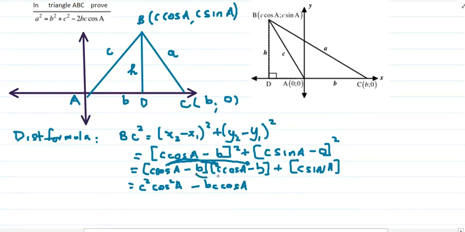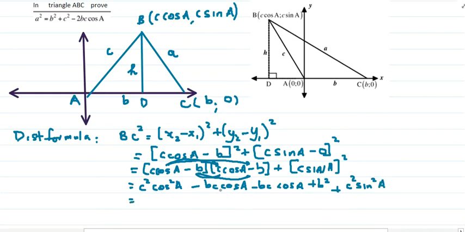Likewise, we multiply by minus b, so it will be minus bc cos A, and minus b times minus b is plus b squared. So we have opened up the brackets here. Plus c squared sine squared A.